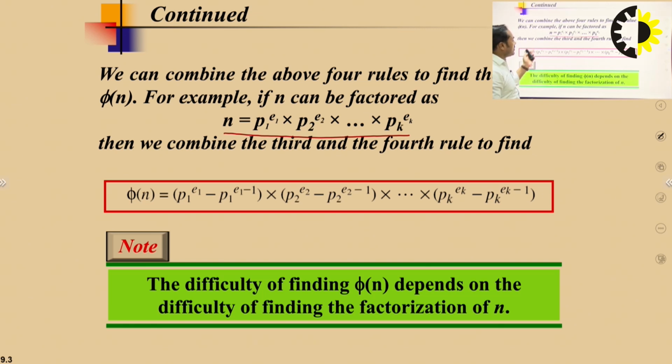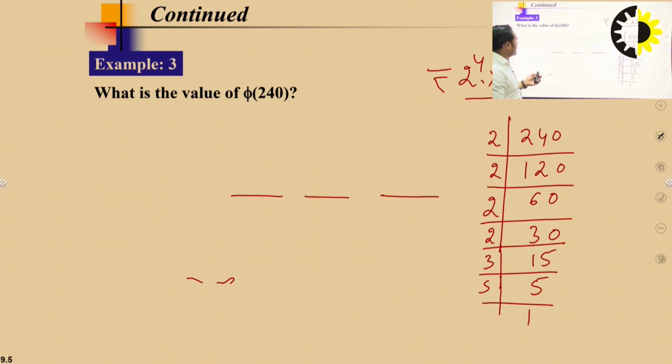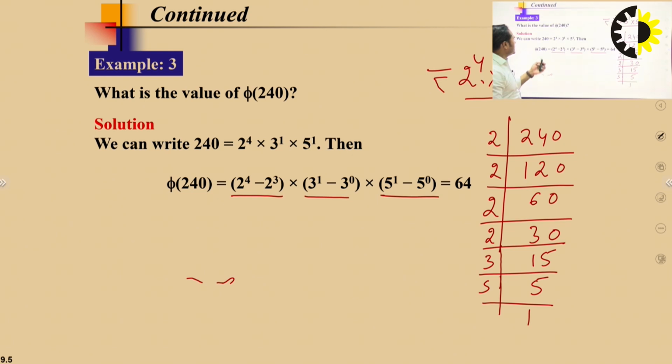By using this formula, you can easily calculate 2 power 4, 3 power 1 and 5 power 1. This is the answer: 2 power 4 minus 2 power 4 minus 1, and similarly 3 power 1 minus 3 power 1 minus 1, and 5 power 1 minus 5 power 1 minus 1.